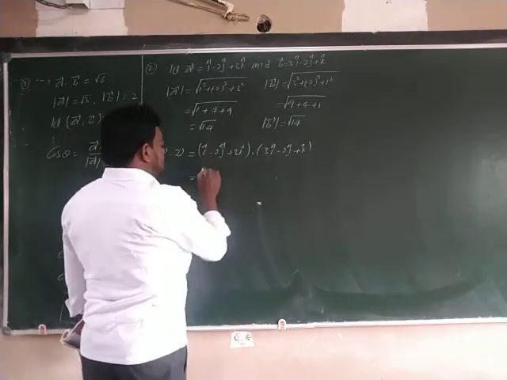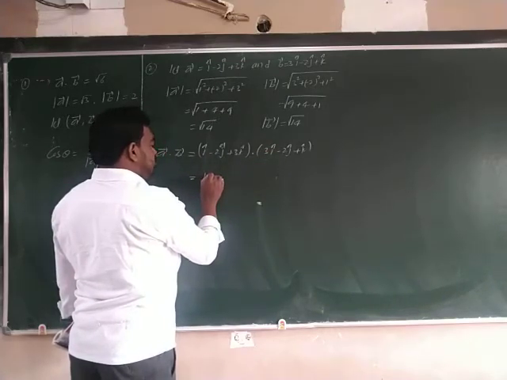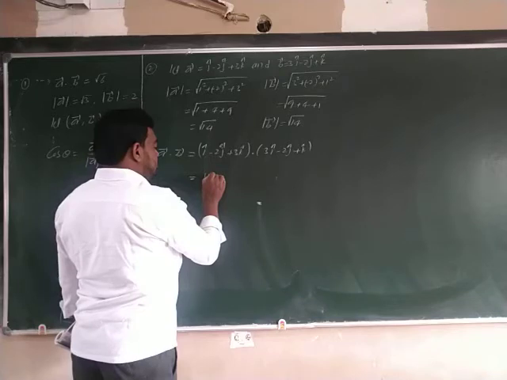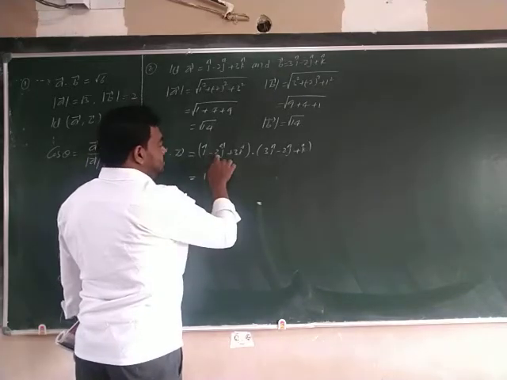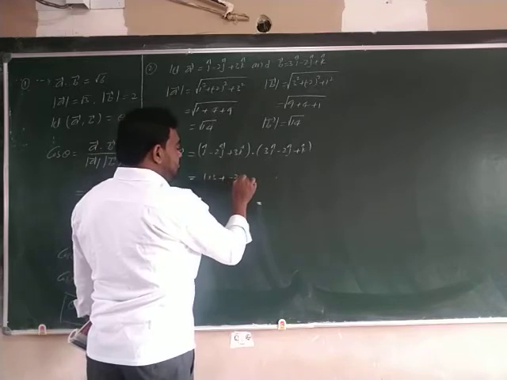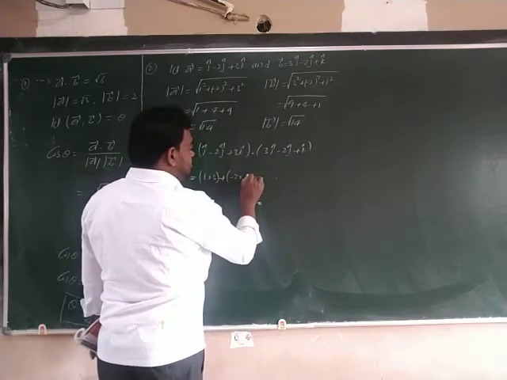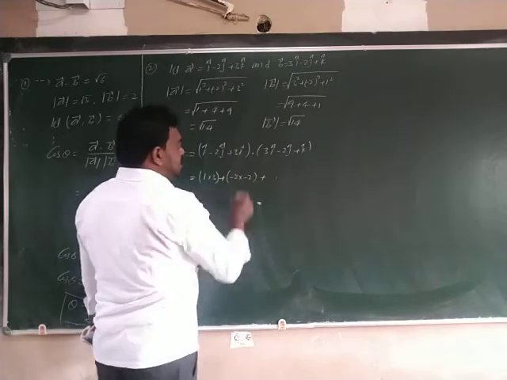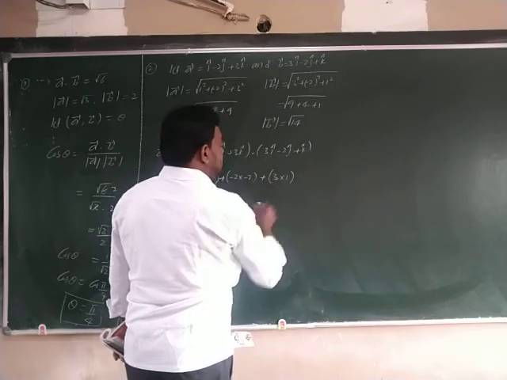So the i coefficients are 1 and 3, the j coefficients are minus 2 and minus 2, and the k coefficients are 3 and 1.